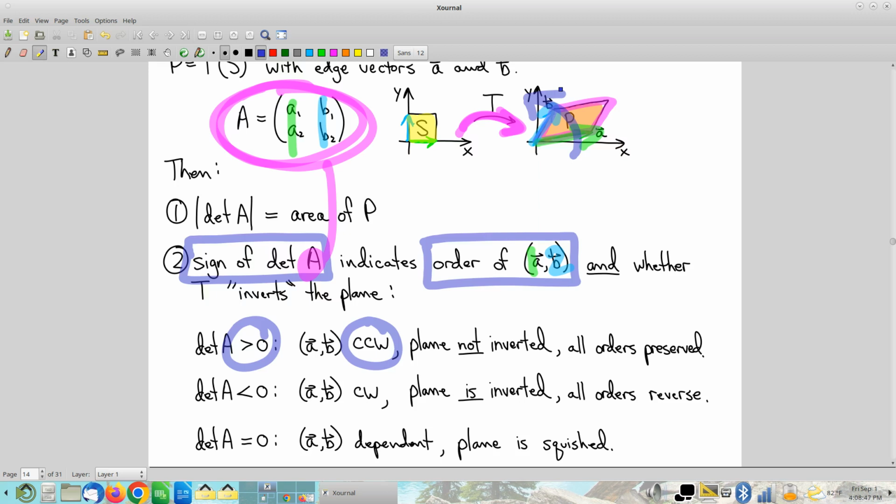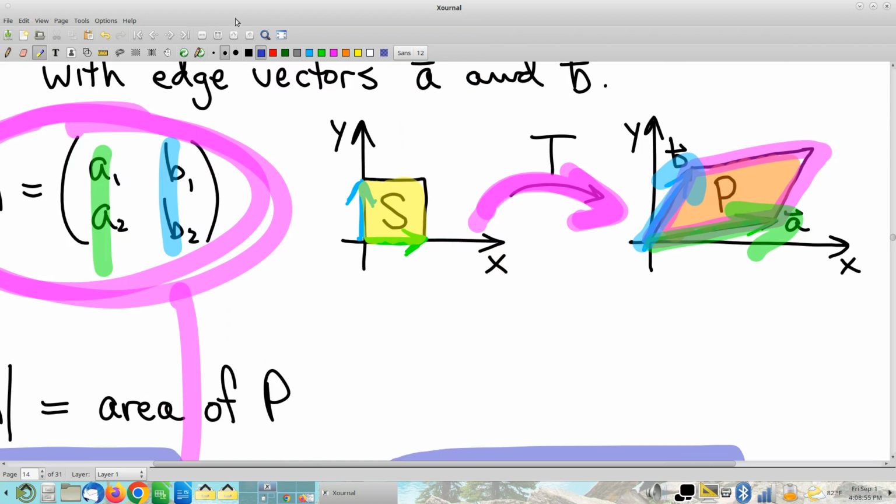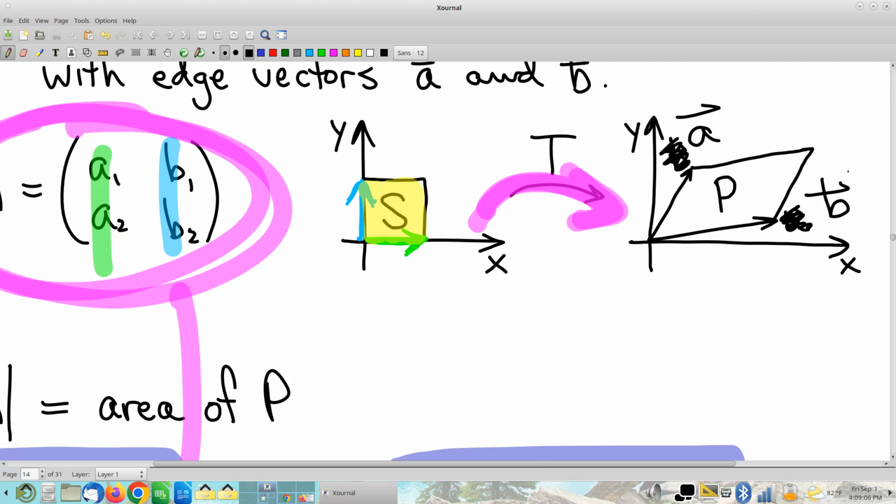Furthermore, it goes the other way. And I'm going to have to fiddle with my picture here. It could be that A would be there and B would be there, in which case that's the image of E1, that's the image of E2.